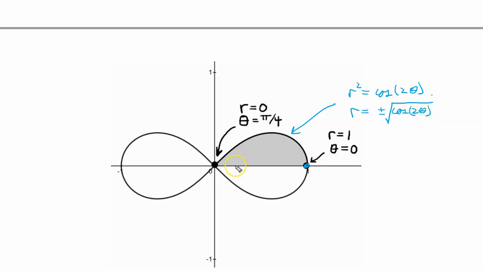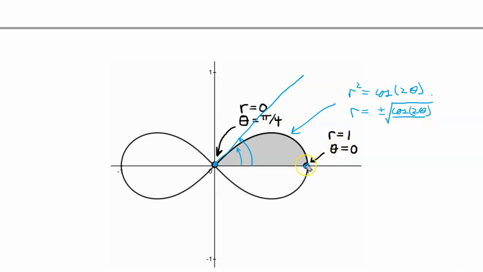So by the time we get to pi over 4, the term inside here will equal 0, and we will be back here at the origin. So this angle right there is pi over 4, because when we put pi over 4 in here, we get the cosine of pi over 2, which is 0.